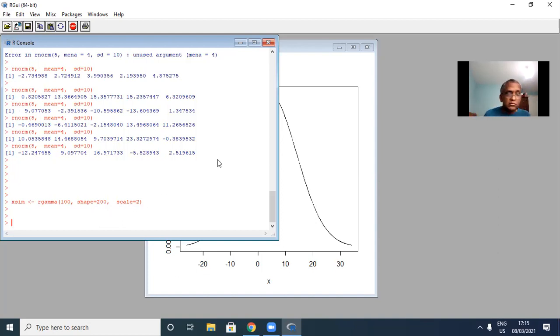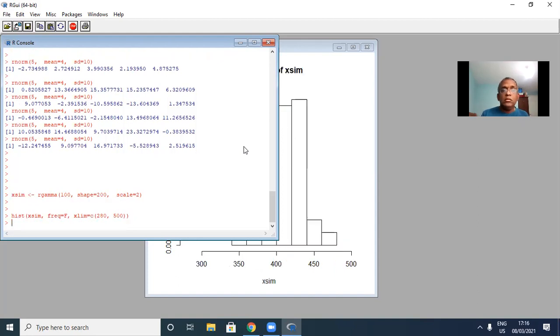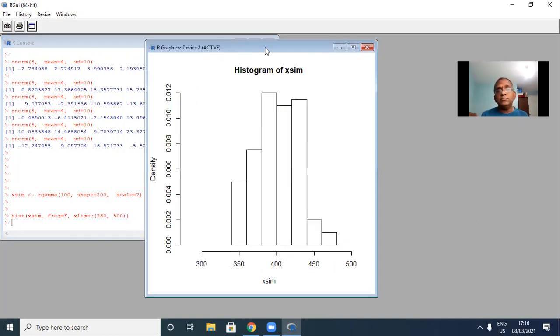All right, now the next thing I'm going to do is draw a histogram of this data that I just simulated with frequency equal to false, meaning the y-axis is going to be in the density scale, and the limits for the x-axis are going to go from, say, 280 to, say, 500. And this is what you will get.